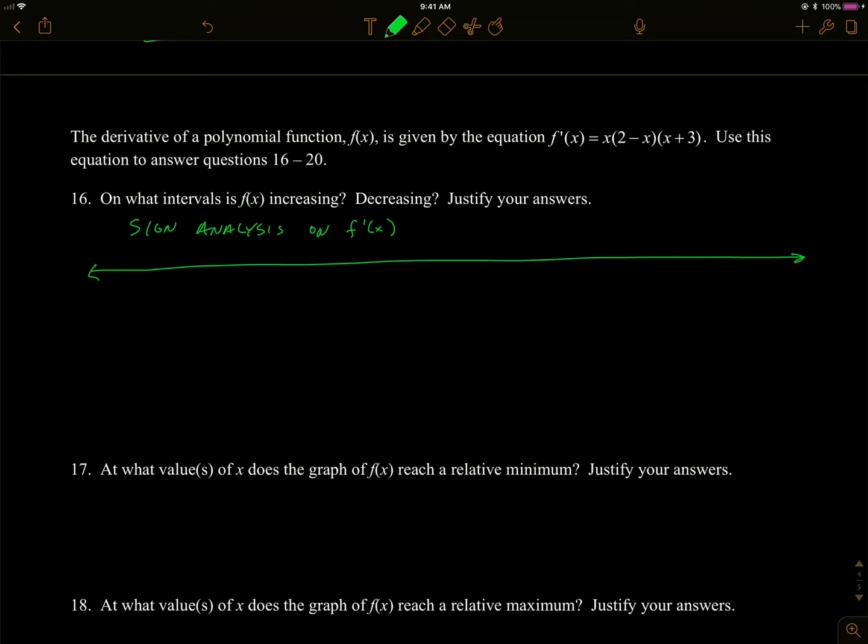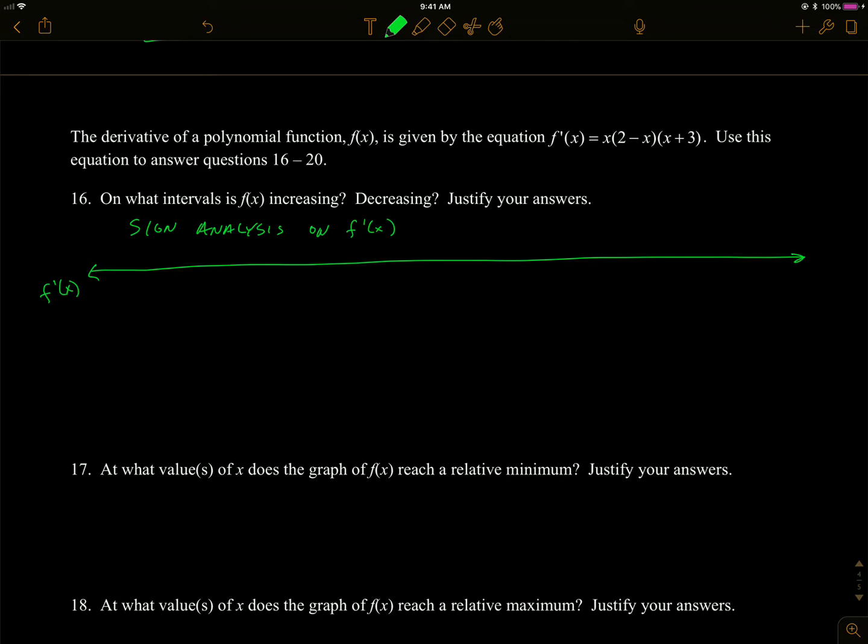This is a similar thing. You might be able to blow through this without doing the sign analysis on f prime. But on a quiz or test, it's going to say, show your sign analysis. This is what I'm talking about. You need to be able to do this. So you need to show this number line for f prime of x. The first thing is I put my zeros on the number line.